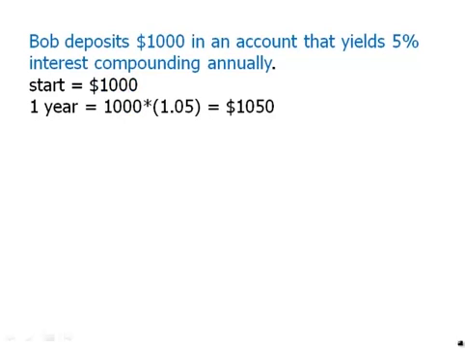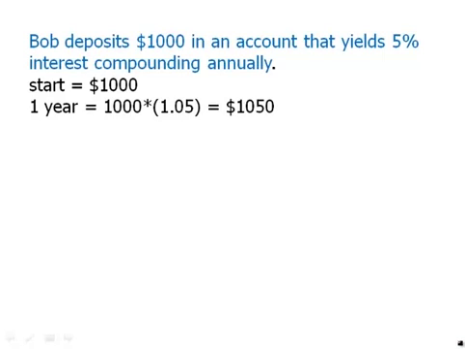Multiply by 1.05, we get $1,050. Notice after 1 year that we get exactly the same amount, either with simple or compound interest, and that will always be the case if we're compounding annually, that after 1 year, one compounding period, simple interest and compound interest get exactly the same amount.